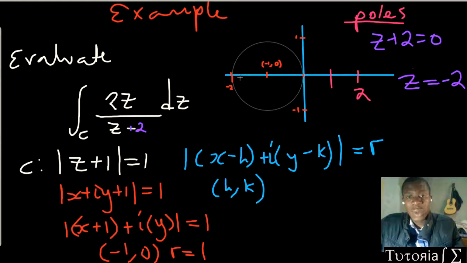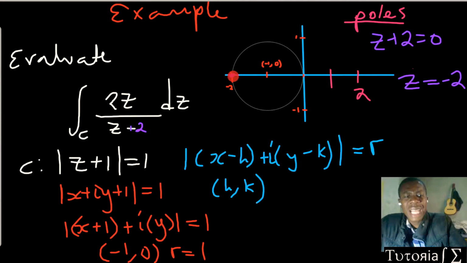So we look for negative 2. Where is negative 2? It is right here, okay? Since negative 2 is on this line of the circle, it means this integral is not analytic in this region because of the pole.